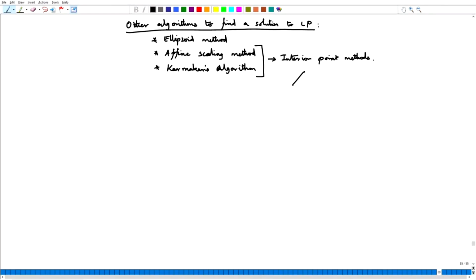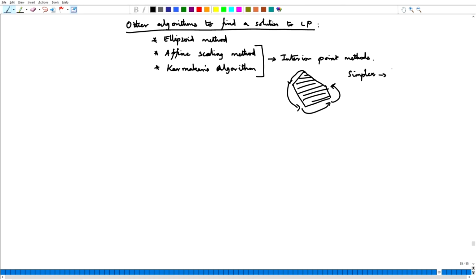So, for example, if you have a feasible set of this form, let us say this is the feasible set in 2 dimensions, that is when I can draw. So what does the simplex method do? It starts with this point, then it traverses here, then here, then here, as an example.